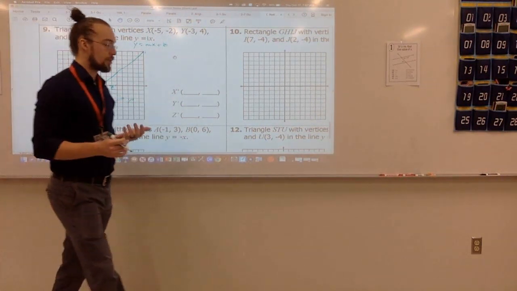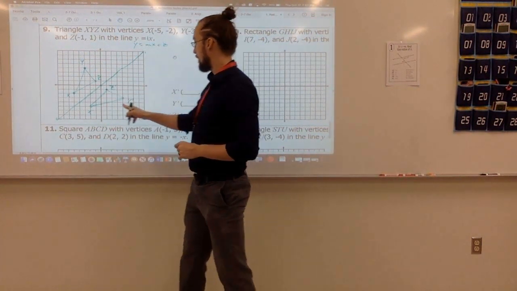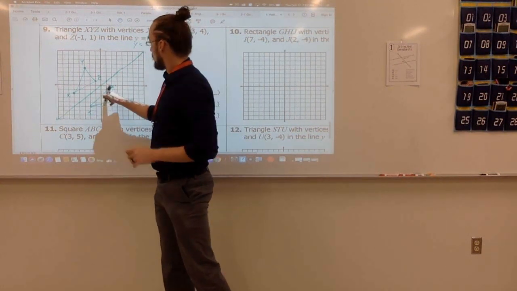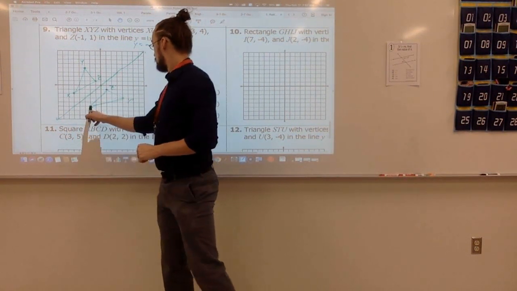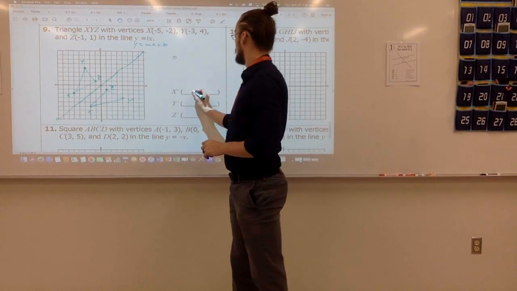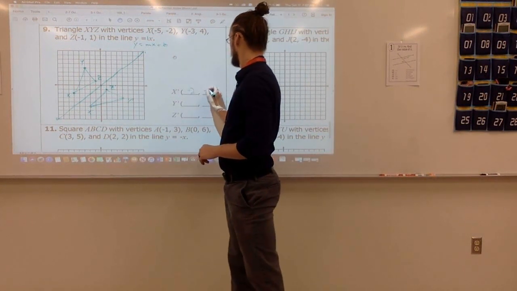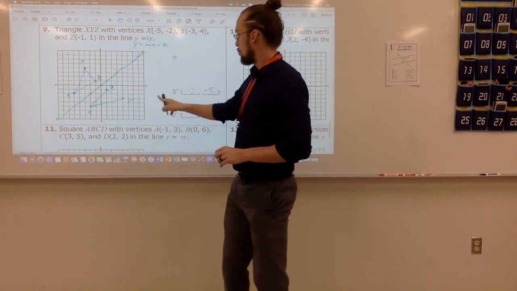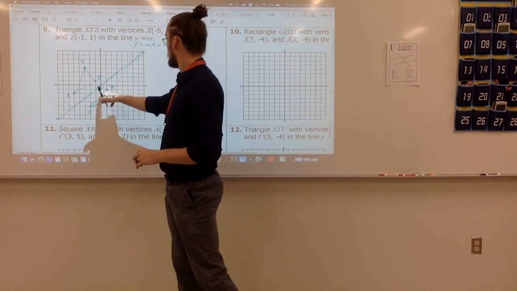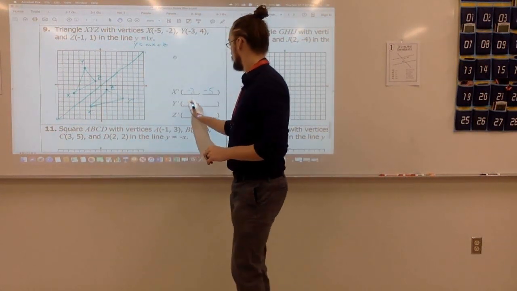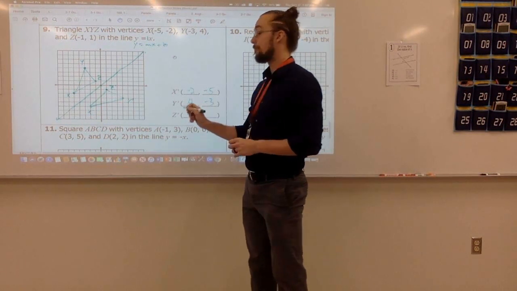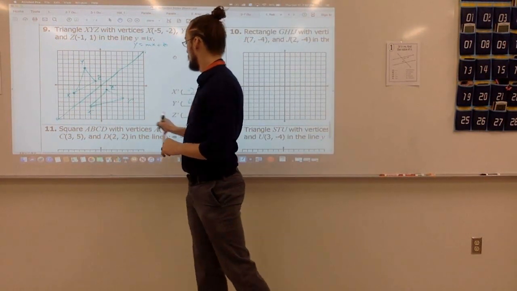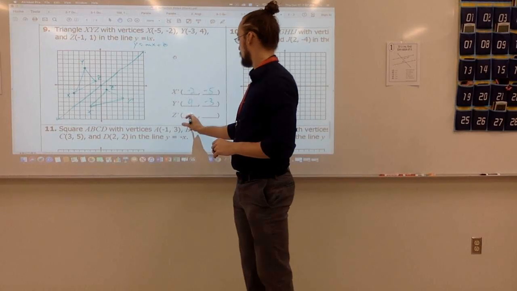Then we fill in our coordinates. My new x is at negative 2, negative 5. My new y is at 4, negative 3. And then my new z is at 1, negative 1.